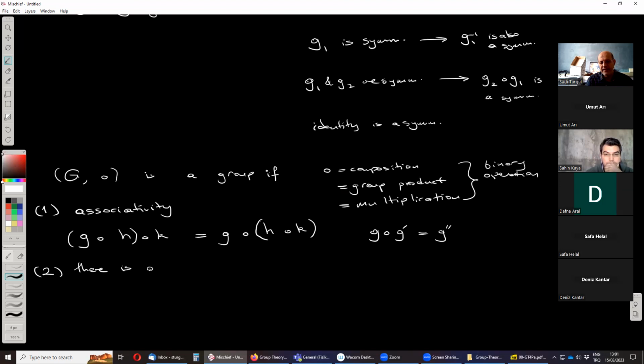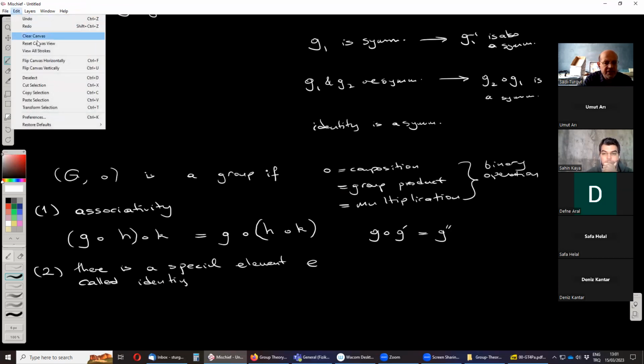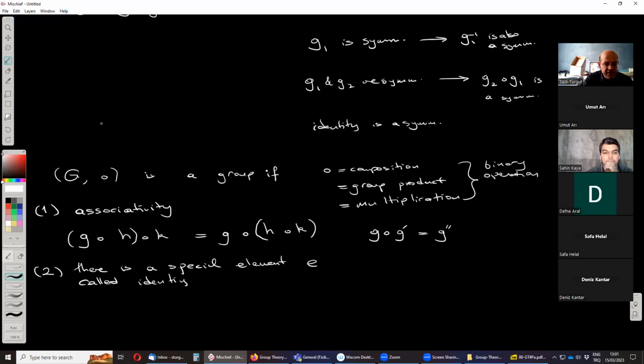identity. So there is a special element E called identity, such that E operation with G is equal to G and G operation with E is equal to G. So that's for all G. It's an element that in Turkish is called etkisiz eleman, right?